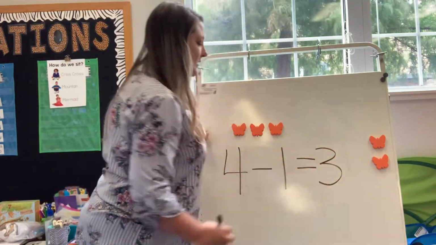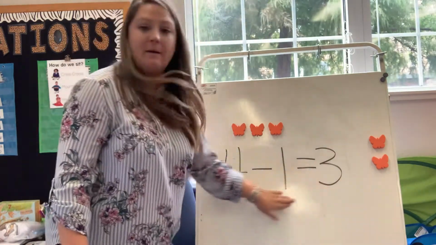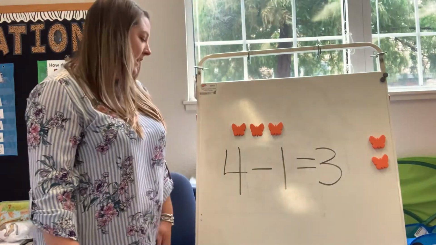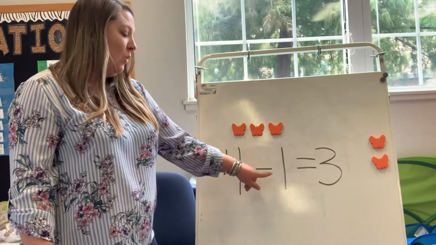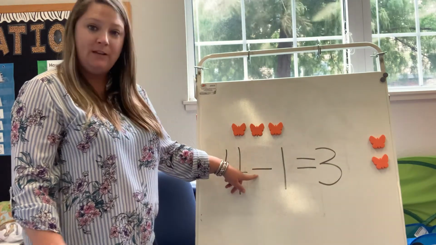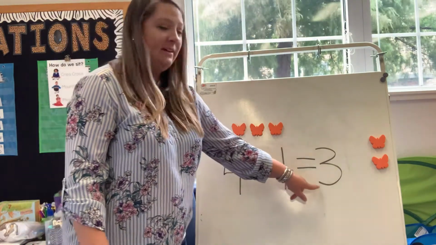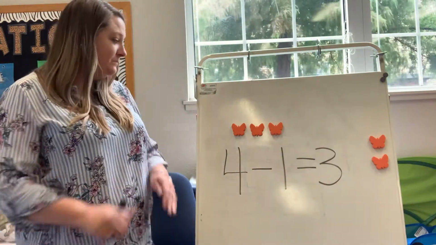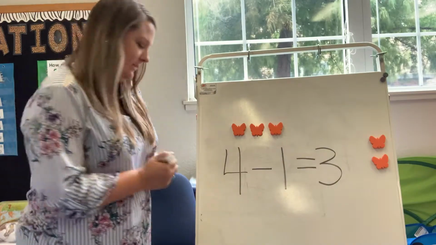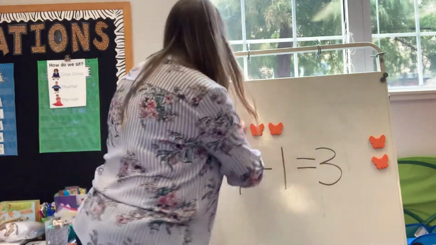So I write a 3. So let's see if this tells my math story, okay? 4 butterflies were on the playground. 1 butterfly went away, so now I have 3 butterflies. Very good, friends, okay?